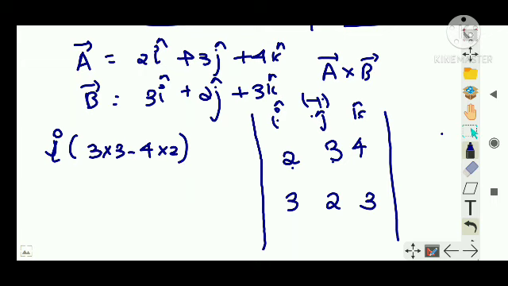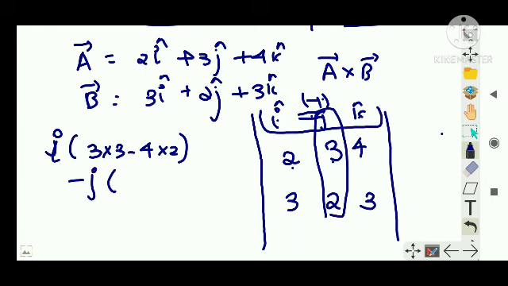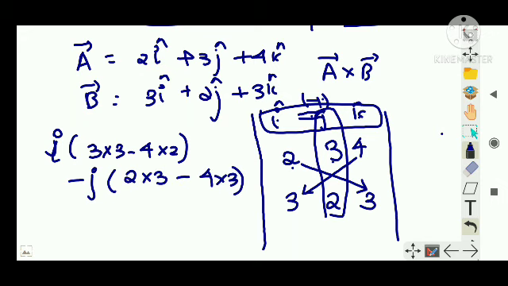Now next, keep j. For j I wrote minus, right? So write minus j, right? And then keep j's term, that is this term, and this section closed, right? Then again from right to left, from left to right. So 2 into 3 minus 4 into 3.